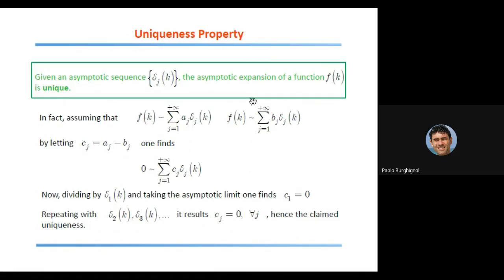For example, given an asymptotic sequence, delta j, of a large parameter k, then the asymptotic expansion of a function f of k is unique with respect to that asymptotic sequence.